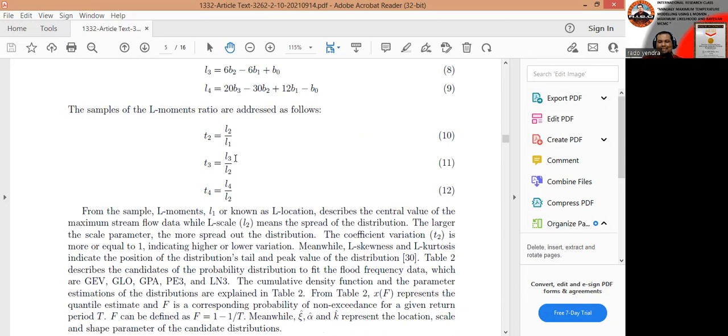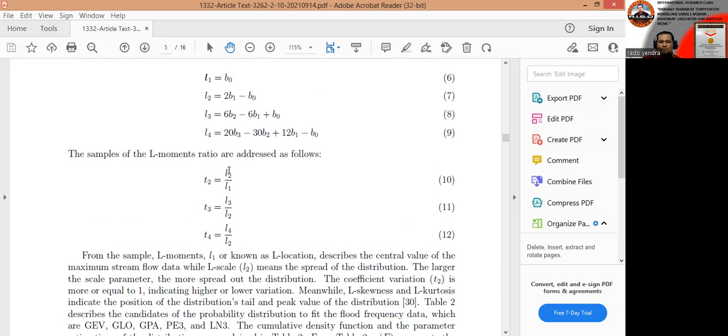And what L3 and L2 are, we can find from equation 7 and equation 8. In equation 7, L2 equals 2 multiplied by B1 minus B0. And then in equation 8, L3 equals 6 multiplied by B2 minus 6 multiplied by B1 plus B0.